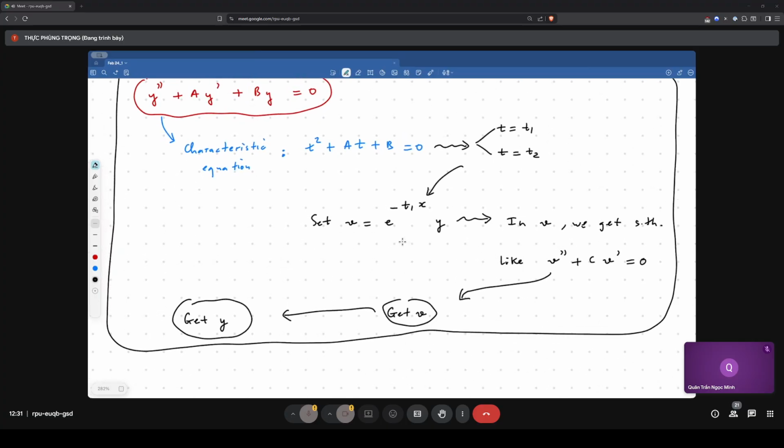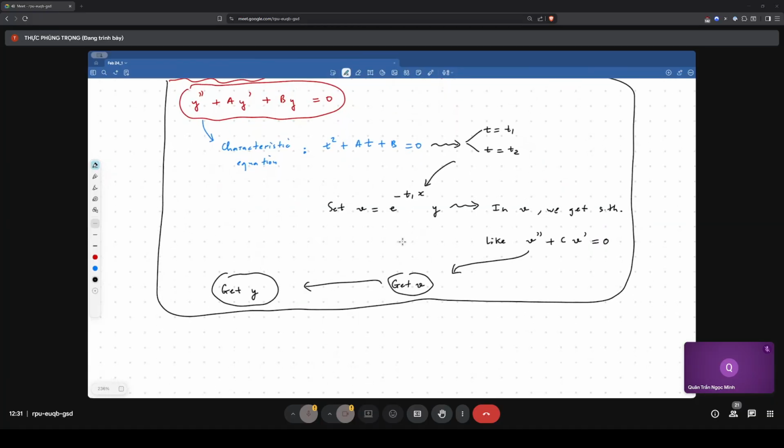All right, so let's consider one example and see whether we can solve it using the idea we have right here. Example: solve the equation. I'll give you a very simple equation.